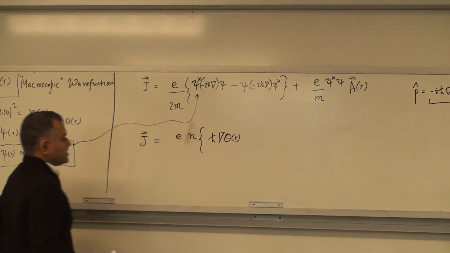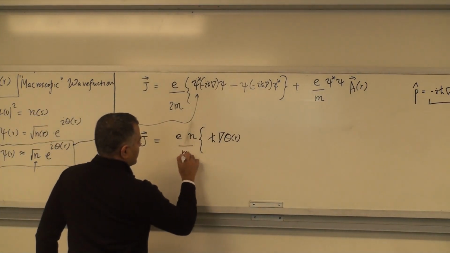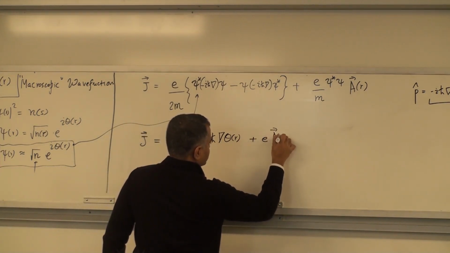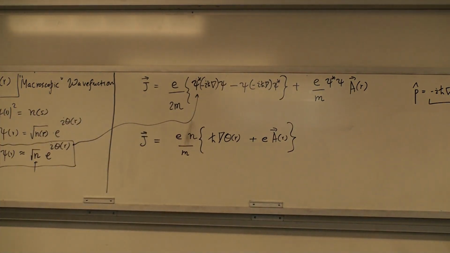Right? h bar times gradient of the phase. I'll also pull out the mass here, okay? Plus the charge of the particle times the vector potential. So that's your total expression for the current, or the superconducting current.